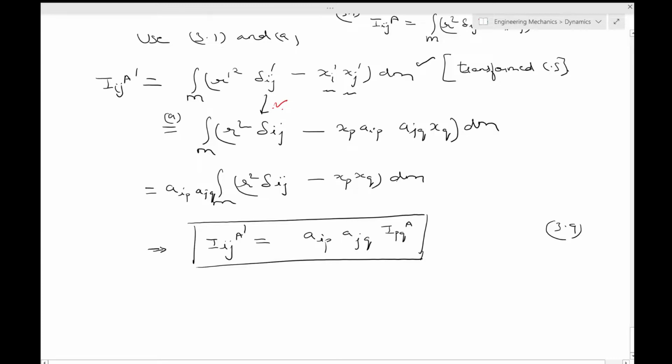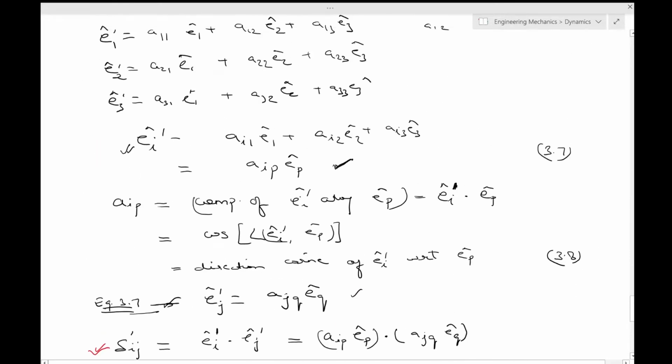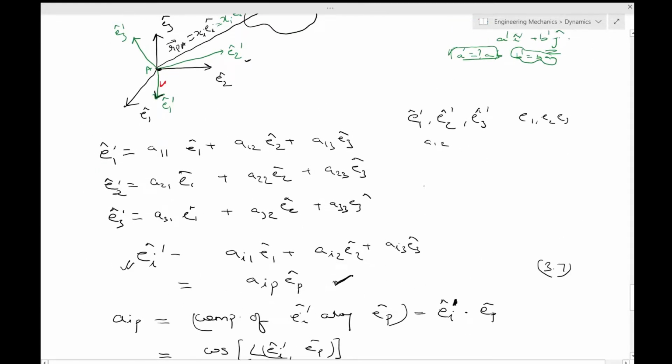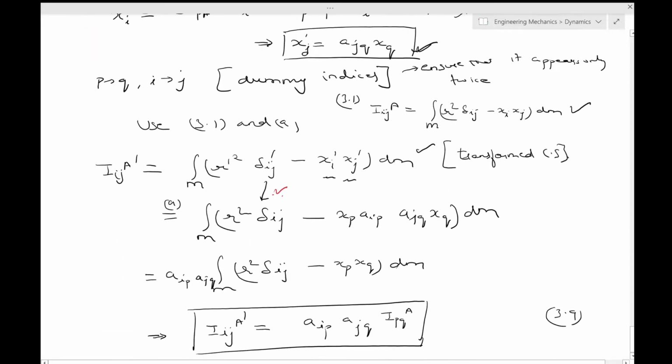Okay, so this is how it looks. The transformed moment of inertia looks like this. Okay, and what are this a_ip and a_jq? Well, they come directly from here. This one. Okay.